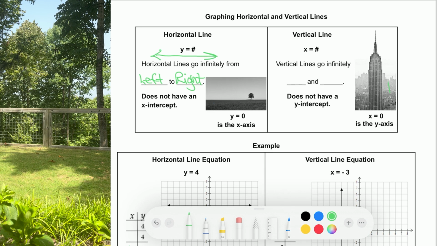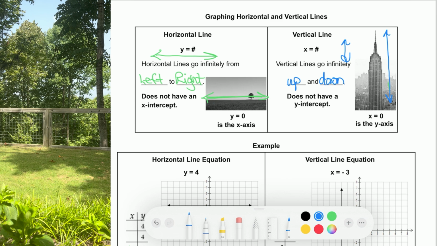The vertical line is x equals a number. That's the equation for it. Vertical lines go infinitely up and down. All right, so I have images here to help you. The horizontal line is like the horizon in this image. It goes left to right. The vertical line is like this skyscraper. It's vertical, up and down.